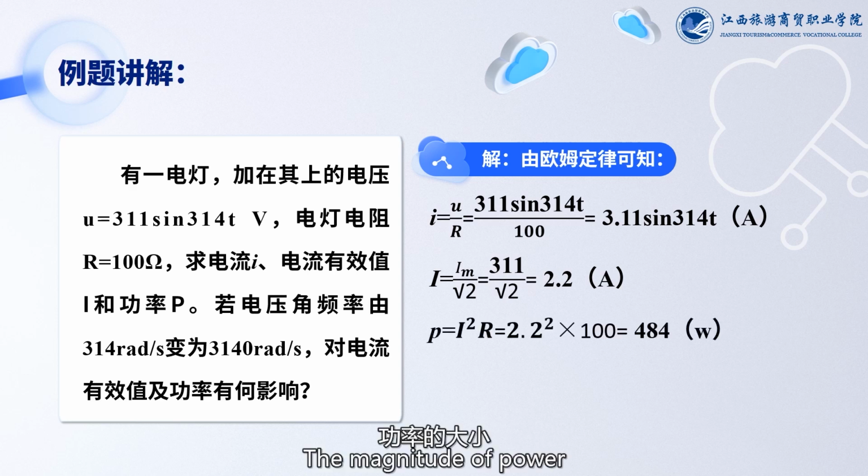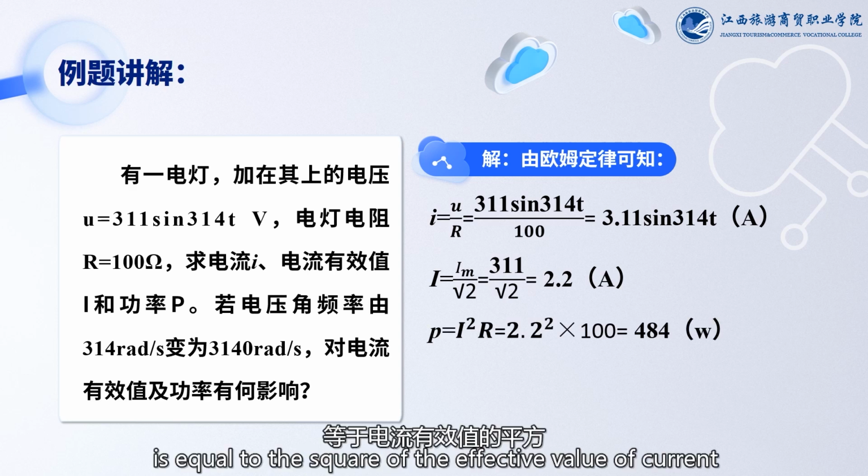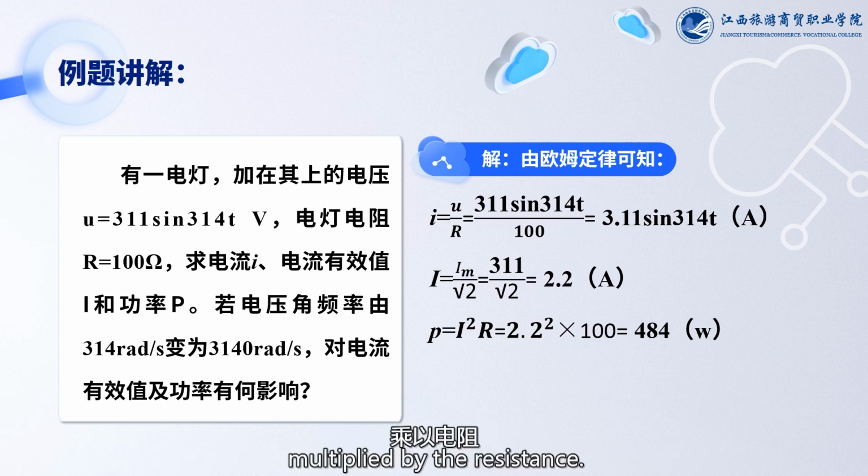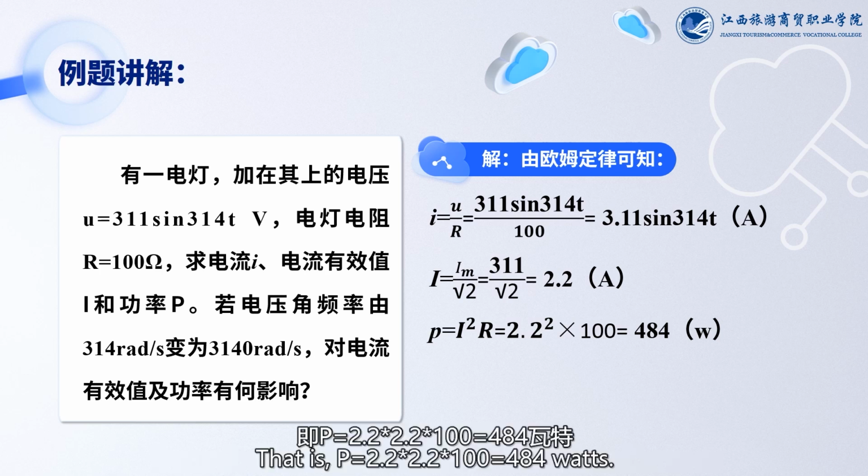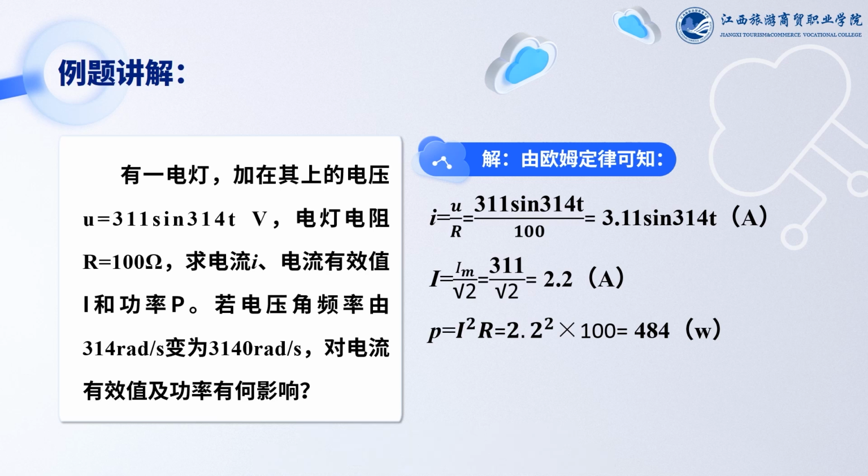The power is equal to the square of the effective value of current multiplied by the resistance. That is, P equals 2.2 times 2.2 times 100 equals 484 watts.